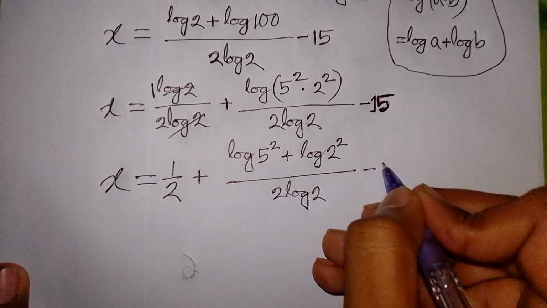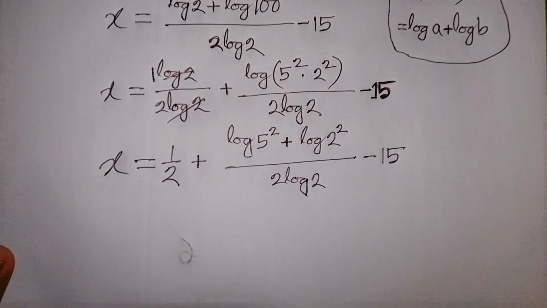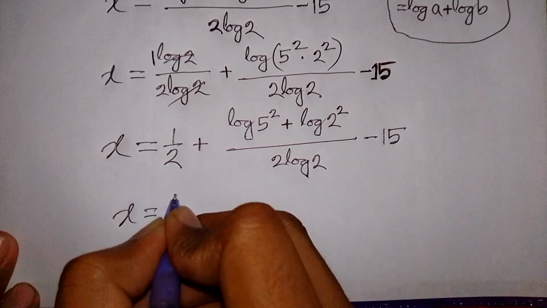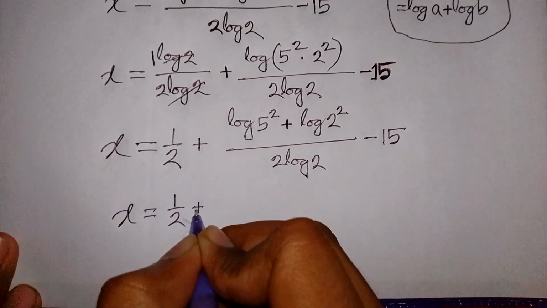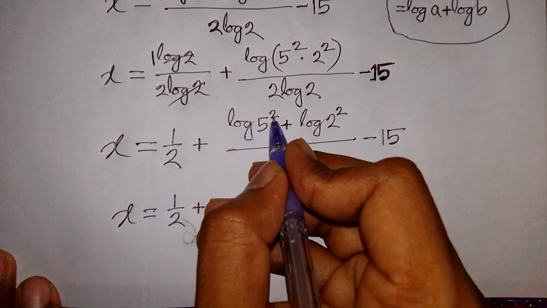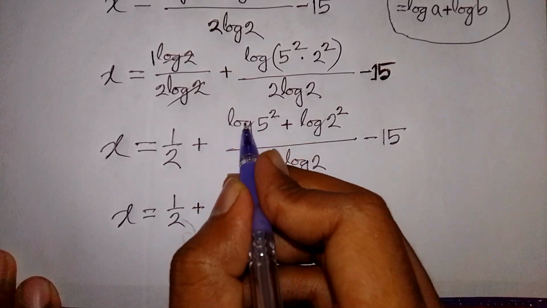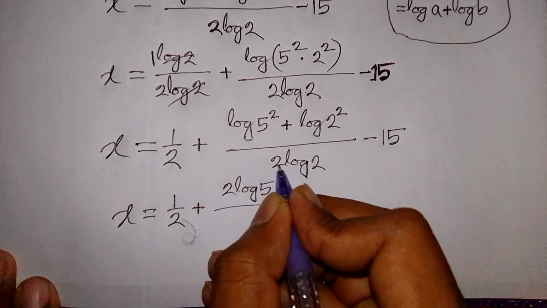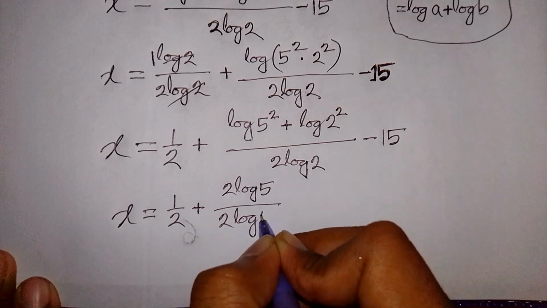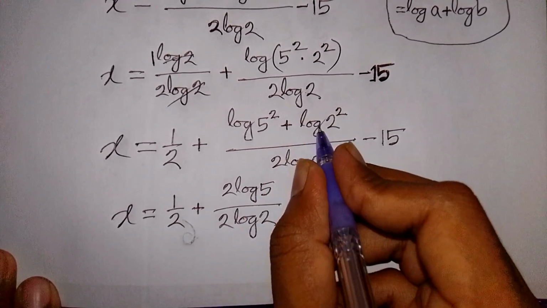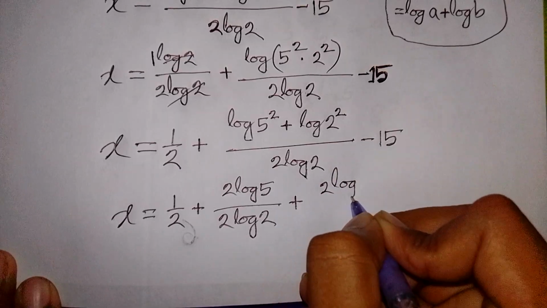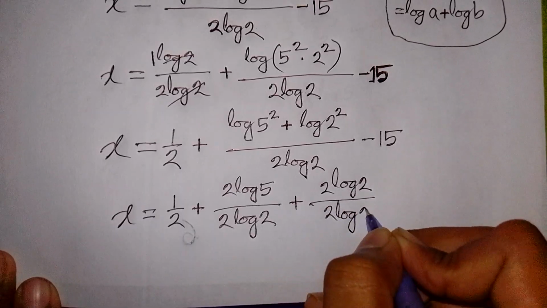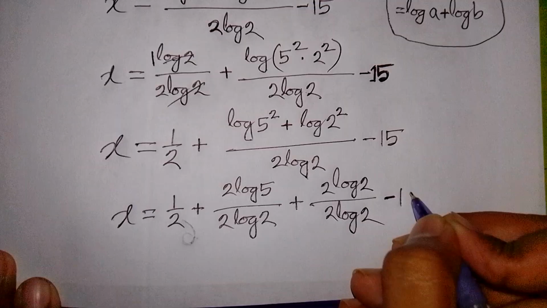Then here minus 15. In the next step, x will be equal to 1 by 2 plus log 5 square, which is the same as 2 log 5. This power 2 will move to the front. So here 2 log 5 over 2 log 2, then here plus log 2 square, which is the same as 2 log 2 over 2 log 2, then here minus 15.